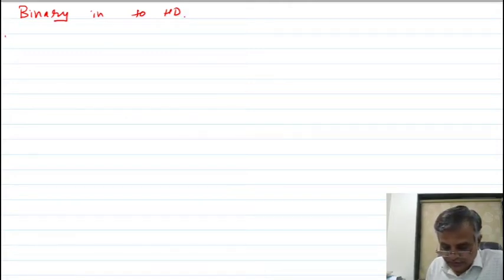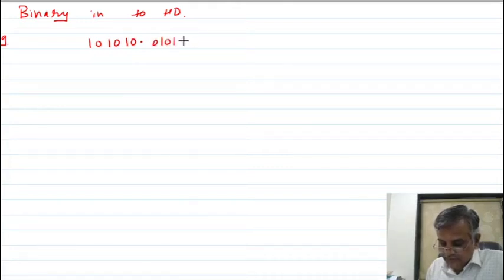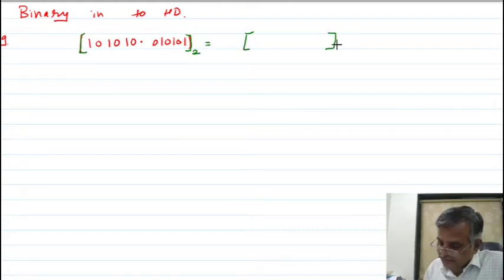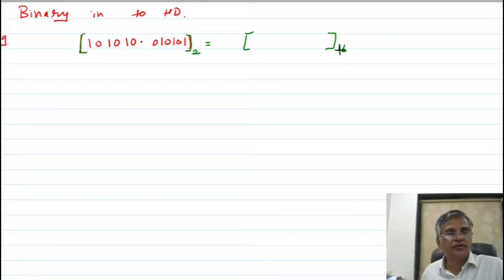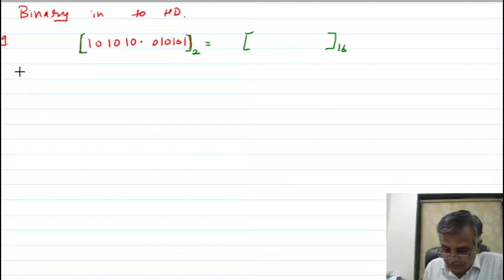Suppose I am writing 101010.010101, and you want to convert this binary number into hexadecimal number. What do you do? So first you do for the integer part, 101010.